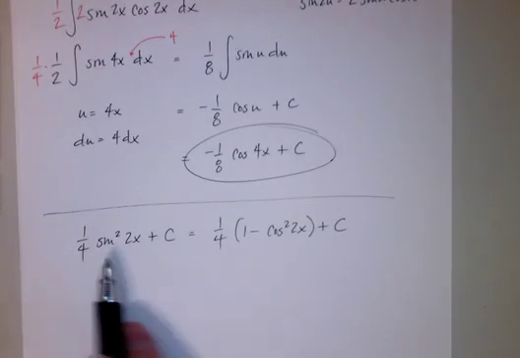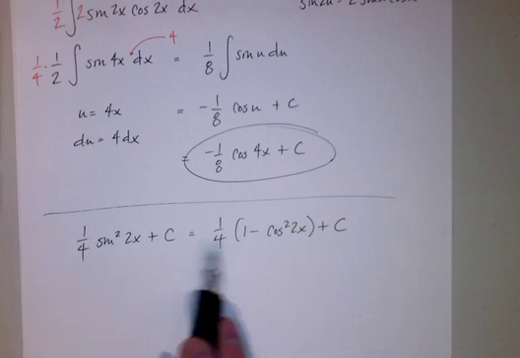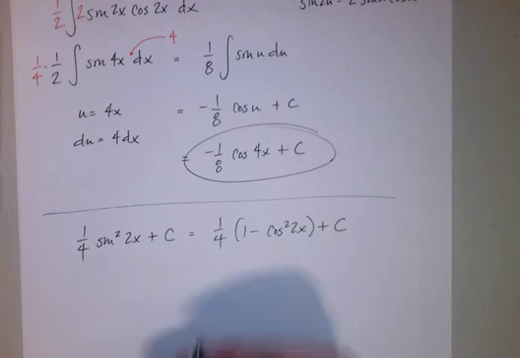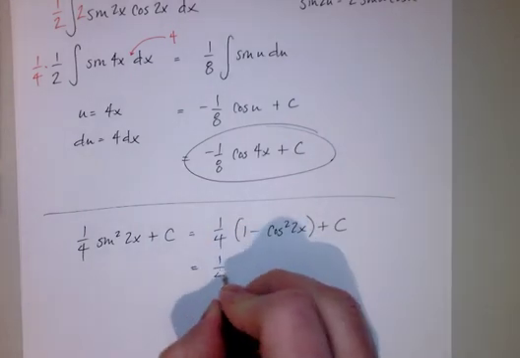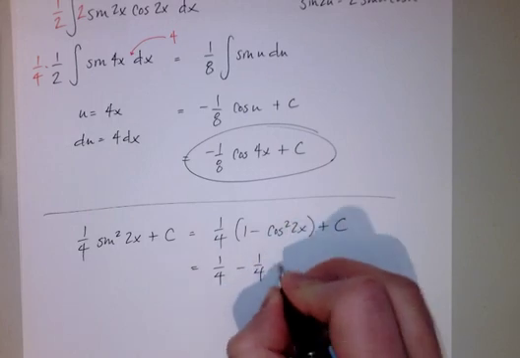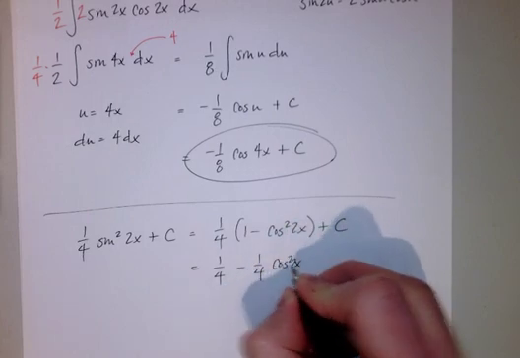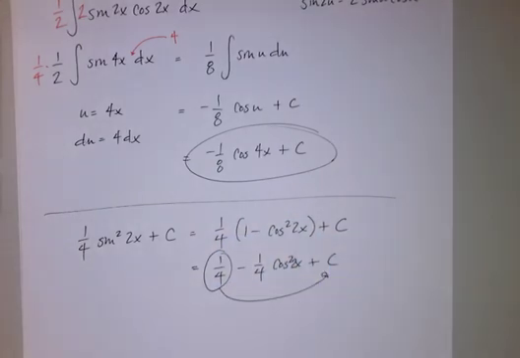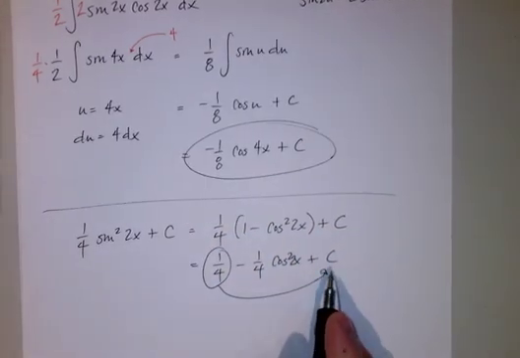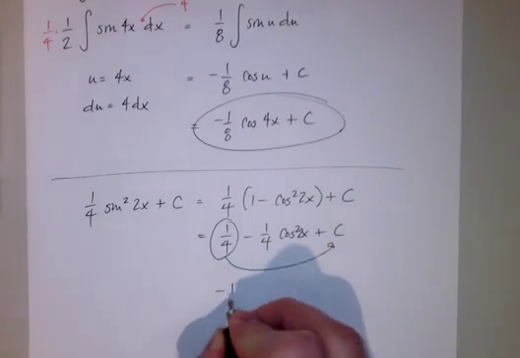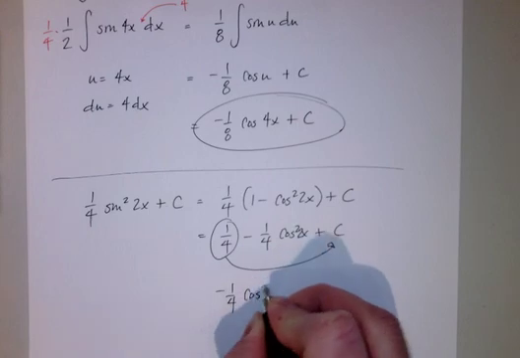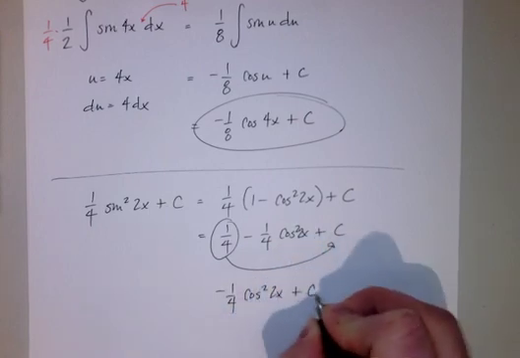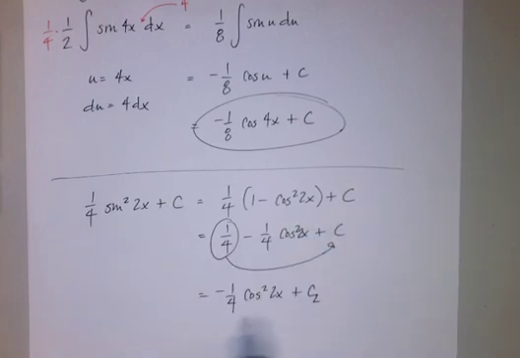If sine squared plus cosine squared equals 1, then sine squared equals 1 minus cosine squared. That just winds up being 1/4 minus 1/4 cosine squared 2x plus c, but then that 1/4 just gets absorbed in the c, because c stands for any constant, right? Of course it's a different c, so we can call it c2. That is exactly what we got for the second one, okay?